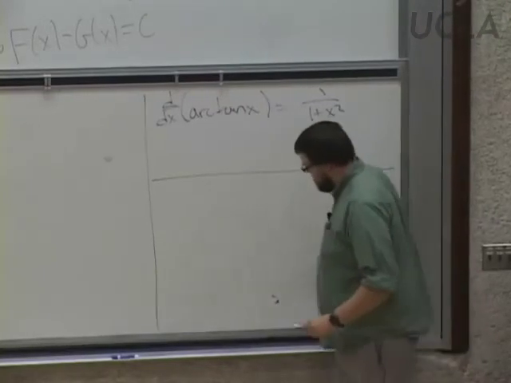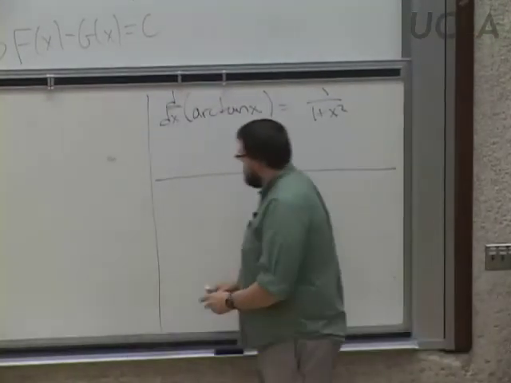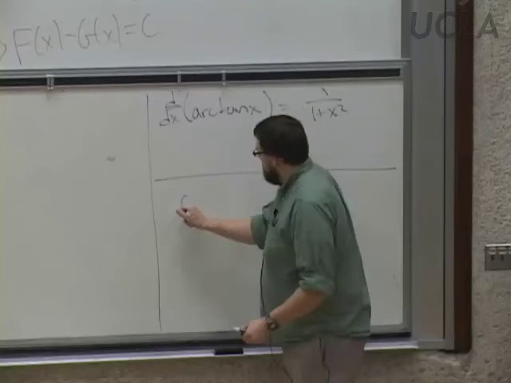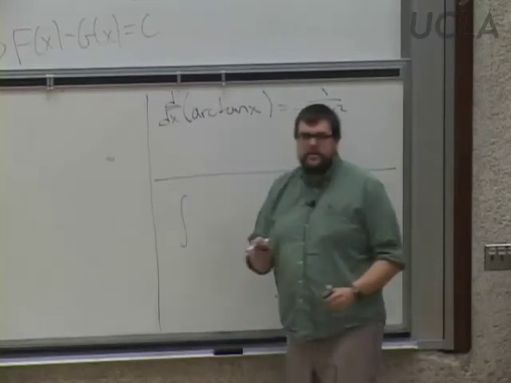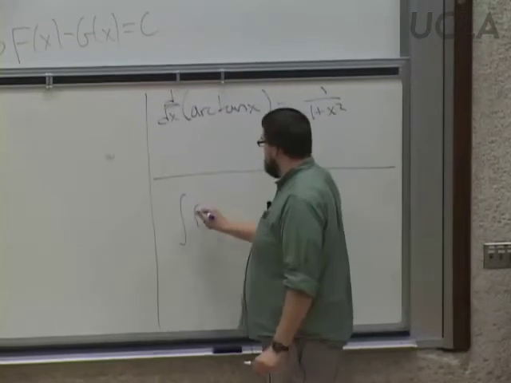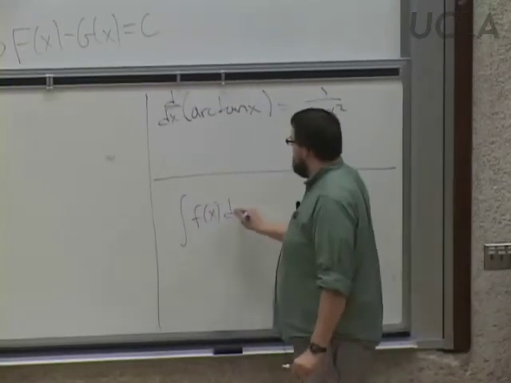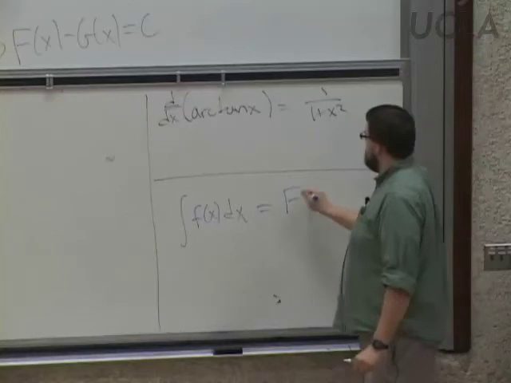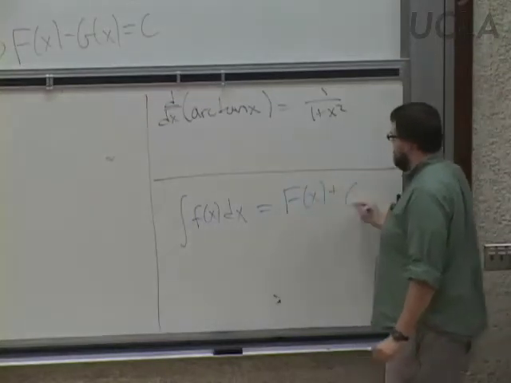We want some shorthand notation. So the way we're going to write it is the following. This symbol here, which we haven't talked about yet, but we're going to start talking about in the next chapter: the integral of f of x dx is capital F of x plus c.